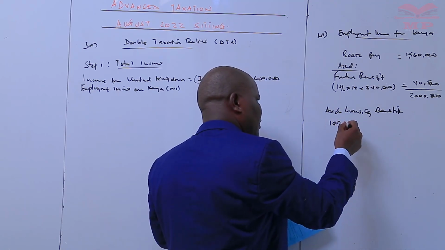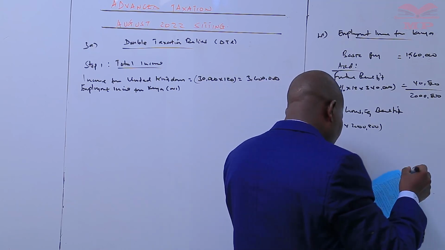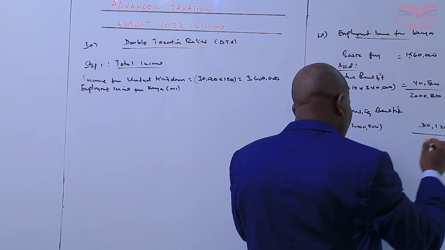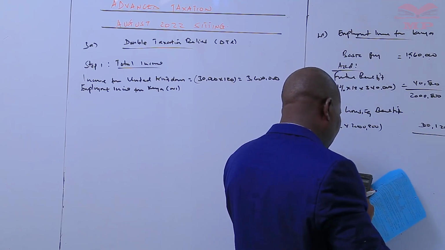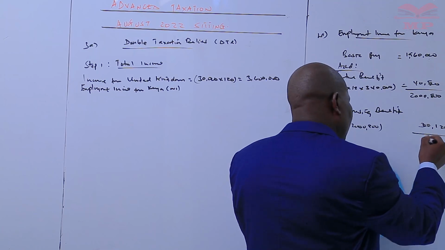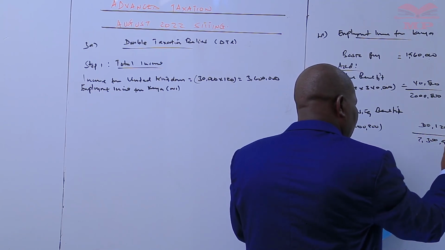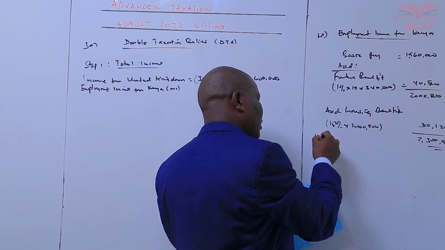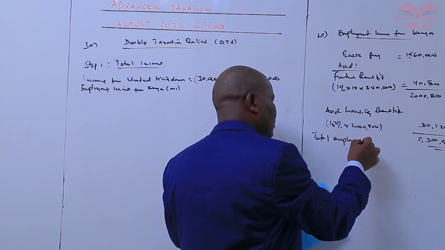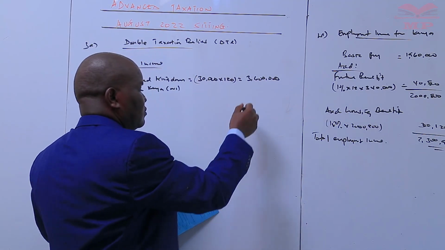So 15% of that should be 320, and 320 plus that should be 2,300,920. So this becomes his total employment income from Kenya. That is what you need here.